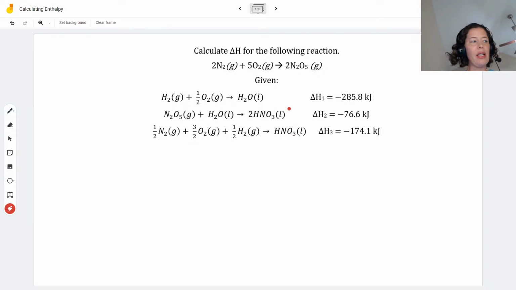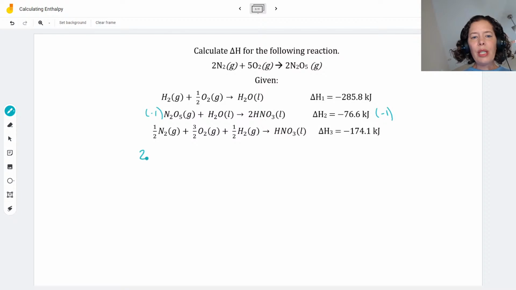Again, I can start in either place, but I'm going to start by flipping this reaction first. So this reaction gets multiplied by a -1, as well as this delta H2, so I'm just going to go ahead and rewrite this underneath.